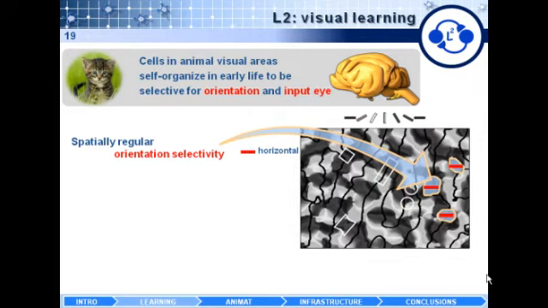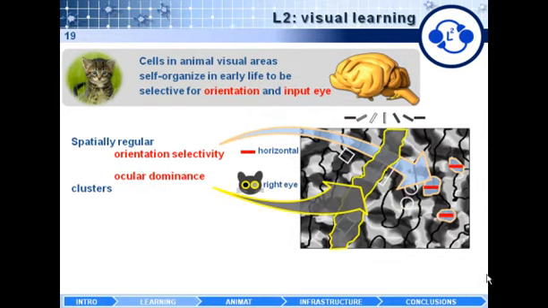If you record from patches of the visual cortical areas, from these groups of contiguous cells, you will find that they tend to be responsive to stimuli of a particular orientation. And if you record from these elongated patches, you will find that the cells tend to be responsive to one or the other input eye in a prevalent way.